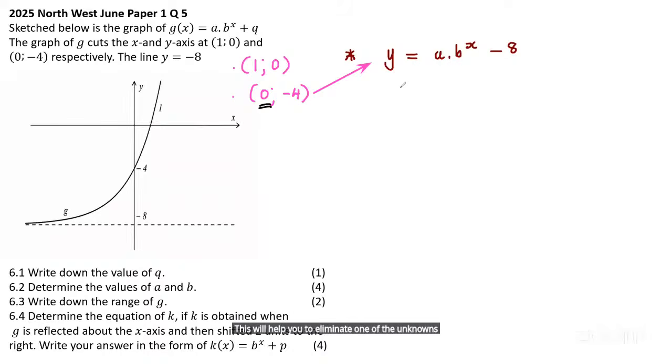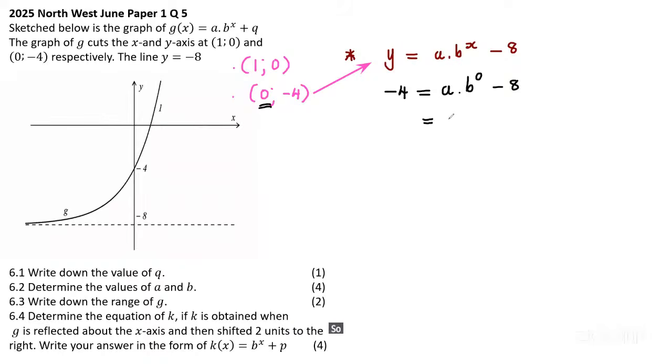What do you mean, say? So Y is -4, is equal to A times B to the power of 0, minus 8. Notice that in maths, any number to the power of 0 is 1.